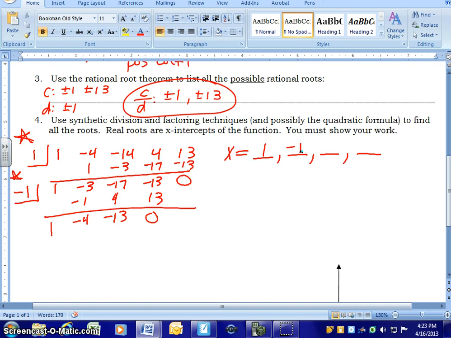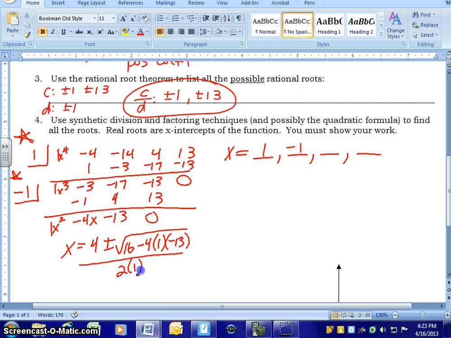And then what is left is x squared and x. If you're left with a quadratic, see if it factors. In this case, it does not factor, so we're going to go ahead and do the quadratic formula. So 4 plus or minus the square root of 16 minus 4 times a times c, all over 2a.